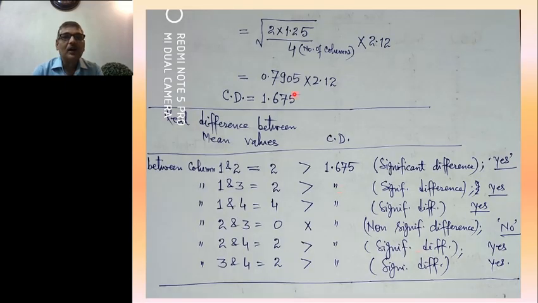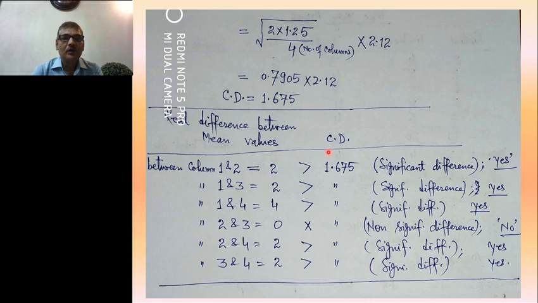In this case, all those values have been put here. MSW value is 1.25, 4 columns are there, and the T value comes 2.12. So the final critical difference value is 1.675.